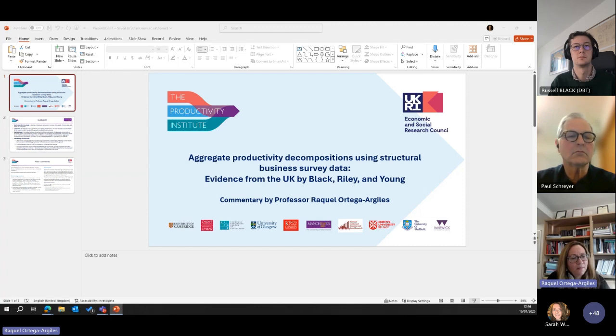I found that the interesting conclusion is that the choice of aggregate decomposition formulae makes big differences to the results because each methodology promotes somewhat different aspects of productivity growth. And as Russell was pointing out, careful attention should be paid to the consistency of the data across data sources and how the data is being treated.